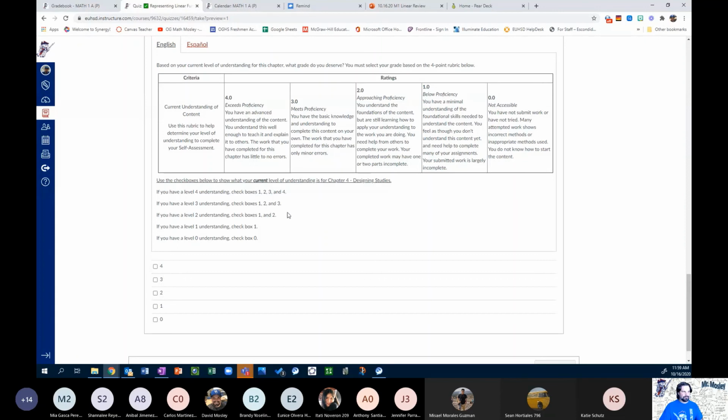If you're at a level 4, you want to click 4, 3, 2, 1. If you're at a level 3, you click 3, 2, 1. At 2, you click 2 and 1, and at 1, just 1. If you are doing this assignment, you're not at a 0. The only way to get a 0 is to not do it.